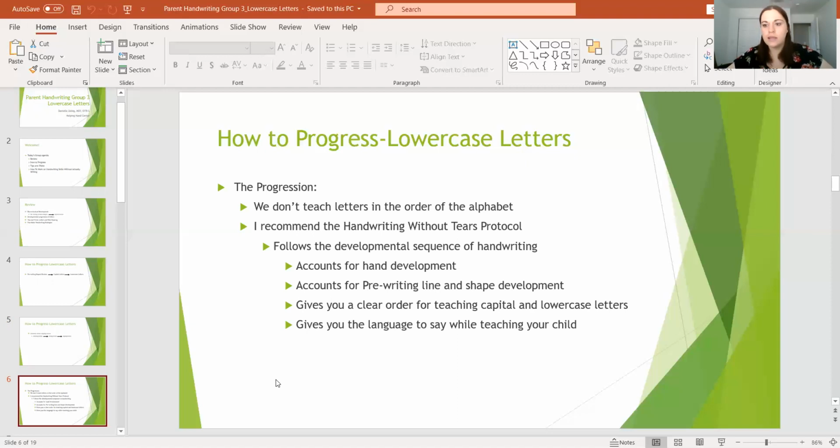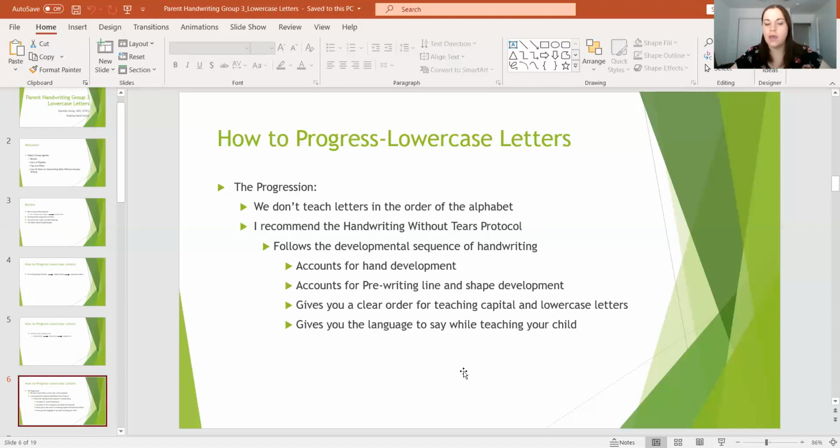And the reason why is they just do a beautiful job of grouping their letters so that it really follows that developmental sequence of learning, where kiddos gain those lines developmentally. So Handwriting Without Tears really follows that when they're teaching their letters.